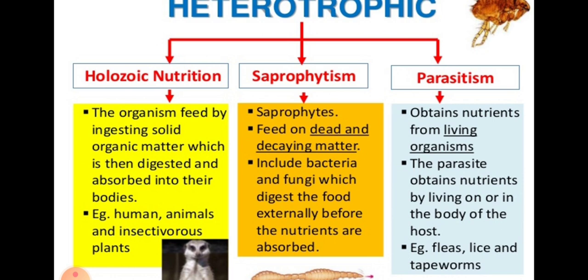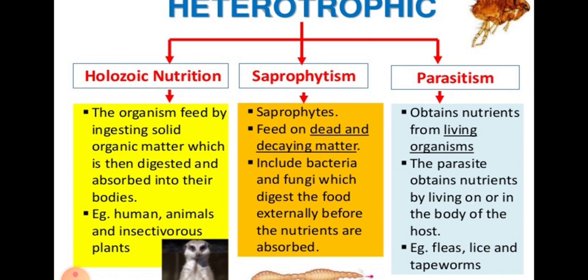Next is parasitism or parasites. They obtain nutrients from living organisms. About saprophytes and parasites, we'll discuss in detail in the next topic.